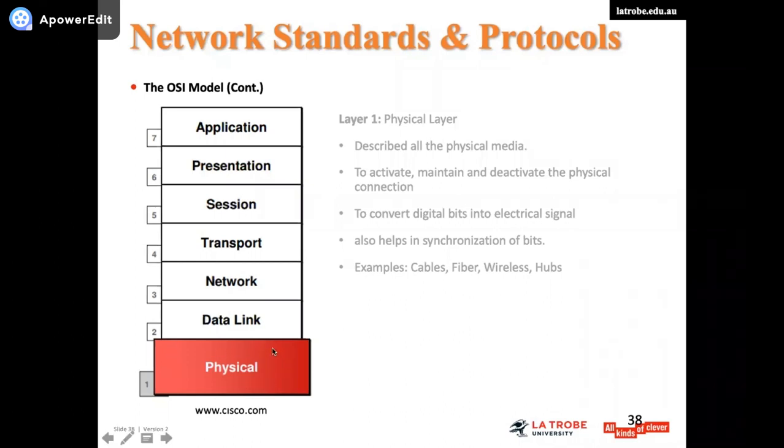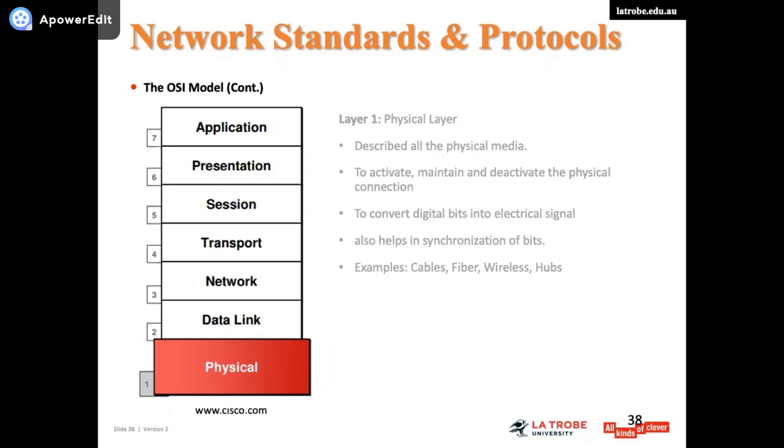Activating, maintaining, and deactivating the physical connections is done through this layer. Converting digital bits into electrical signals happens on this layer. It also helps with synchronization of the bits for the synchronous transmission mode. If you remember what we just learned, all the hardware like cables, fibers, wireless connections, and hubs are on this layer.